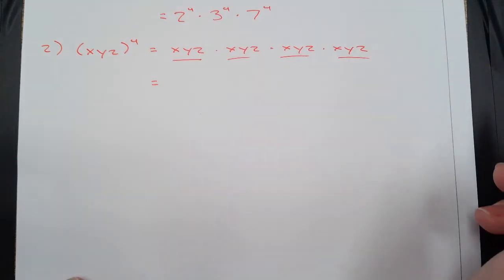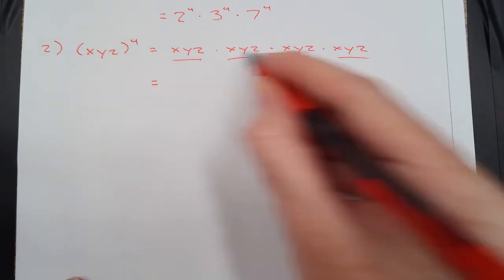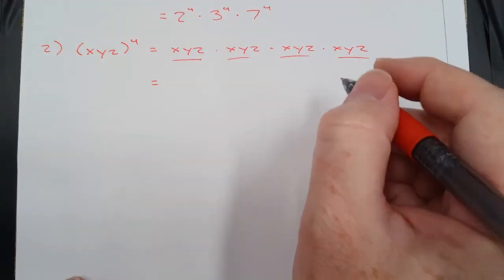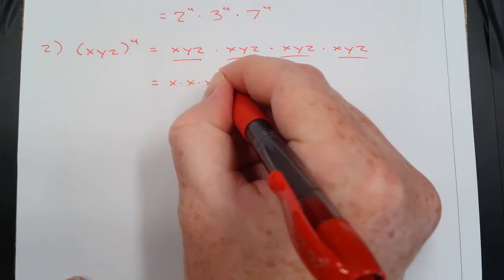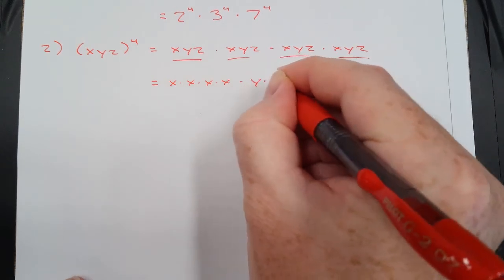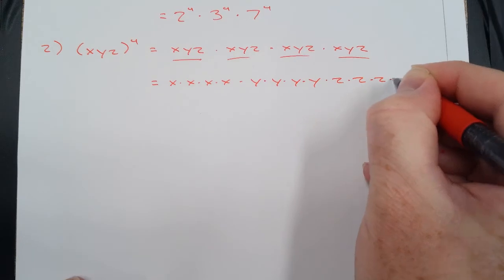I'm going to use my commutative property because remember, variables next to each other mean multiply. So all of this is multiplication. Let me use my commutative property to put all the x's together, all the y's together, and all the z's together.